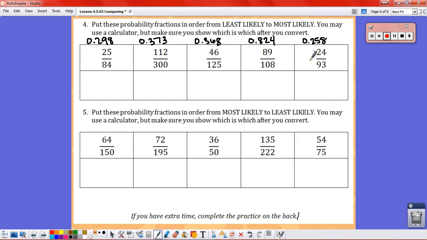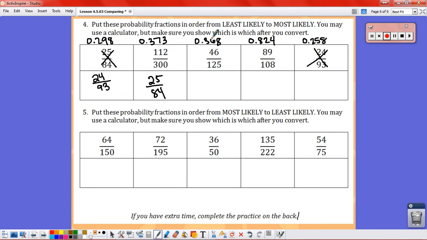And then I can actually put them in order. So I'd say, well, these are all 3-digit, so thousandths. 258 would be the smallest, so let me go ahead and cross that one out and put it in the smallest blank. Then, let me make sure I can still see my decimal. This would be next. 25 out of 84.